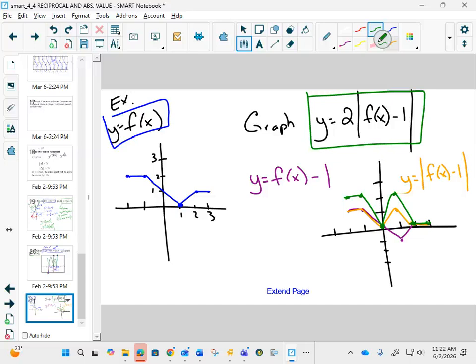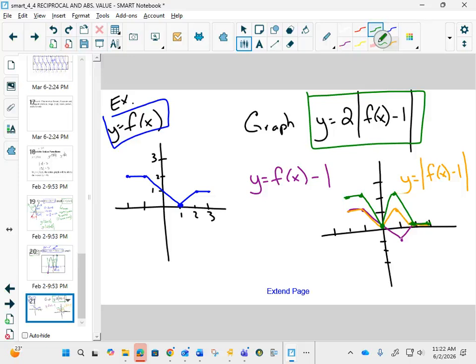And the logic between thinking what's happening is going through and saying, okay, what does this 2 do? It does a vertical stretch. It vertical stretches what? It vertical stretches the absolute value, which is the orange graph. But in order to graph the orange graph, I have to take the absolute value of f of x minus 1. What's f of x minus 1? That's my purple graph.